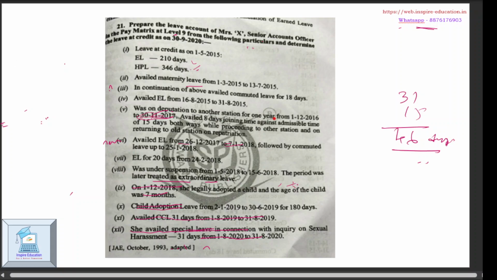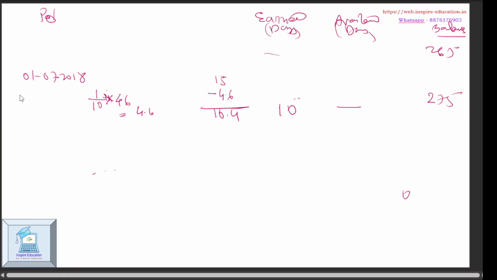So 1/7 we have already given. Then on 1/1/19, 15 days will be given, so 275 plus 15, it will be 290 days.